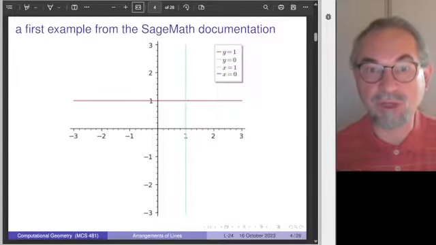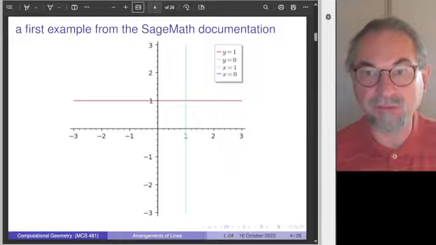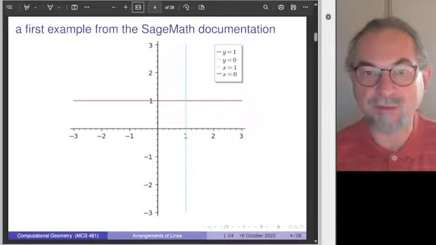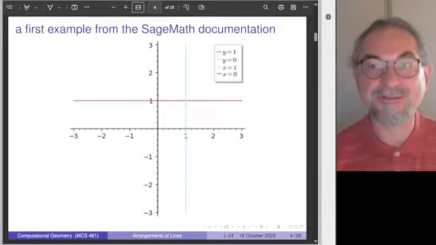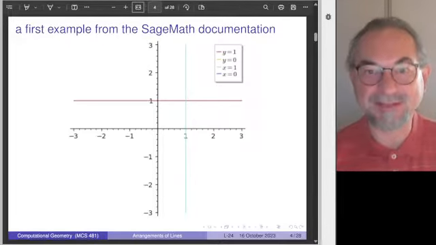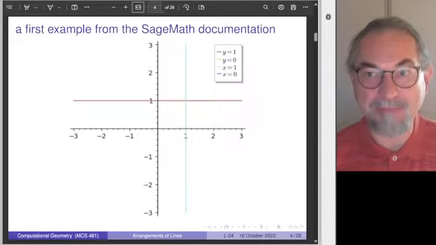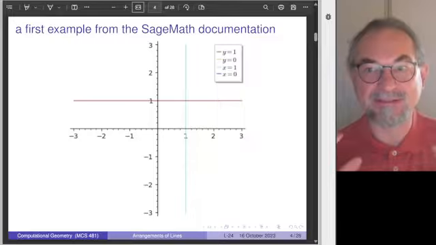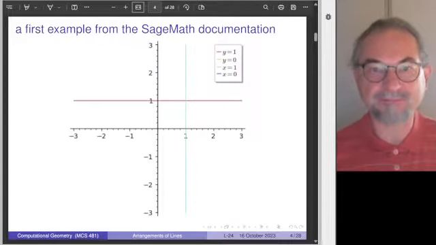Then we have 2 lines parallel to these coordinate axes. x equals 1, that's the vertical line, and then y equals 1 is the red line, the line that is parallel to the horizontal coordinate axis. It's called box because you can see that what it defines inside as its bounded region is a square.